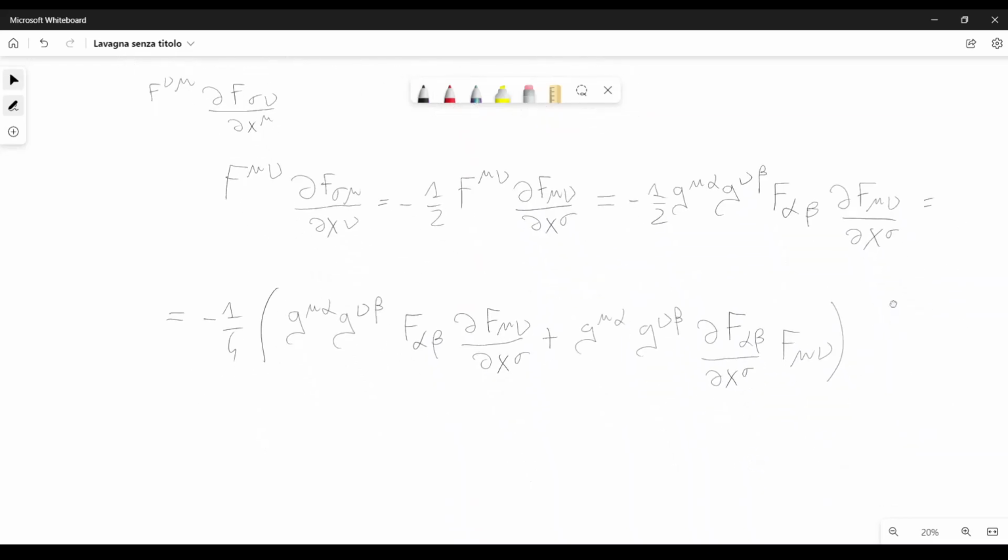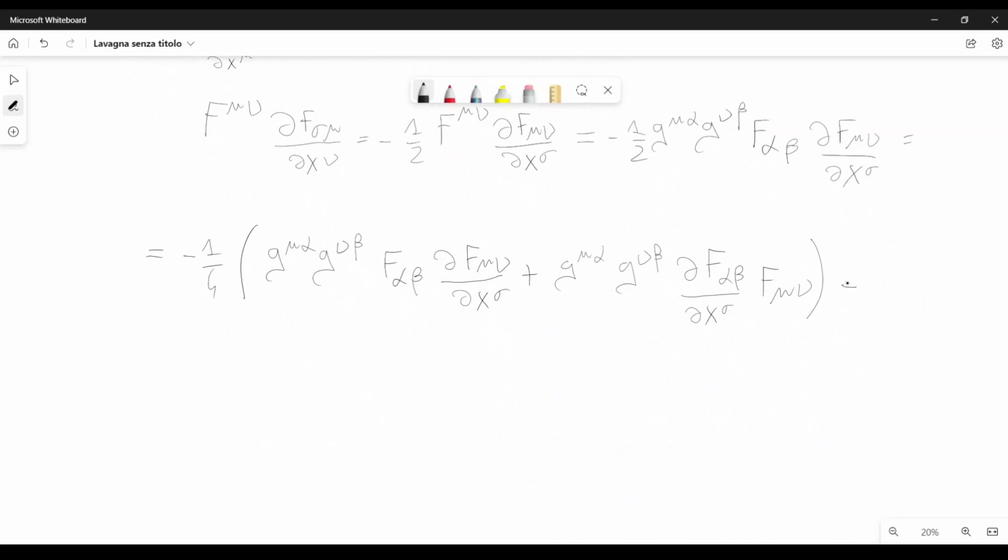and this is equal to minus 1/4 derivative with respect to x sigma of G mu alpha, G nu beta, F alpha beta, F mu nu, plus 1 over 4 F alpha beta, F mu nu, derivative with respect to x sigma of G mu alpha, G nu beta.